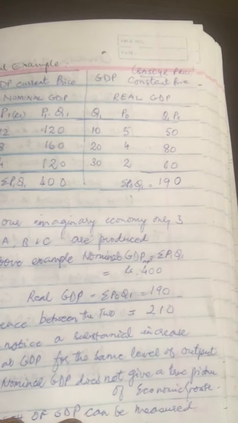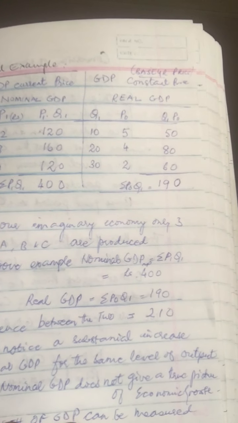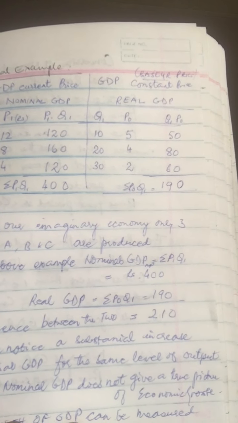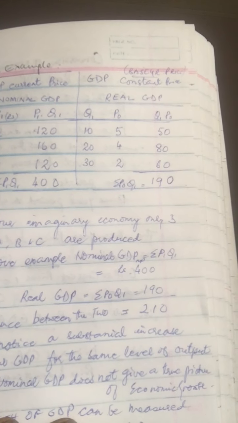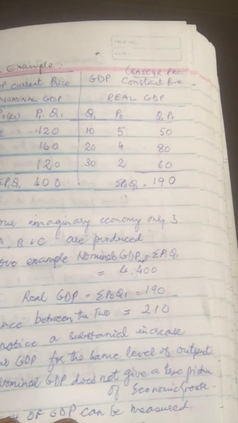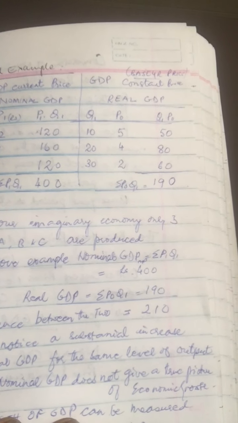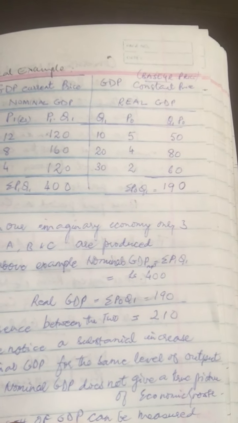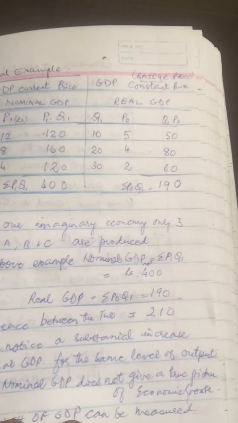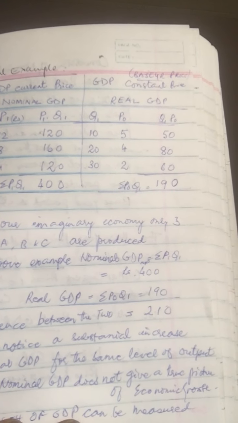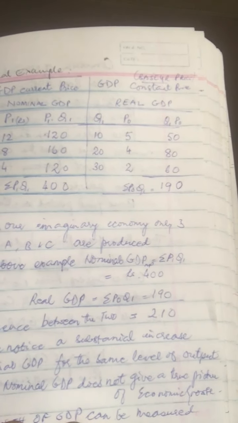Then when we sum up, that means the current year production into base year price, what we get is 50, 80 and 60. And then when you add them up, you get 190.